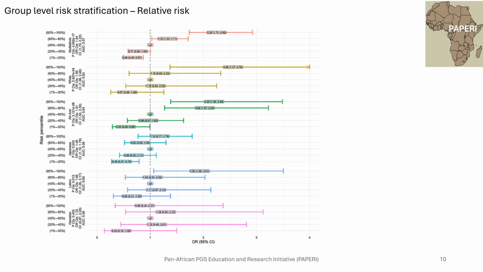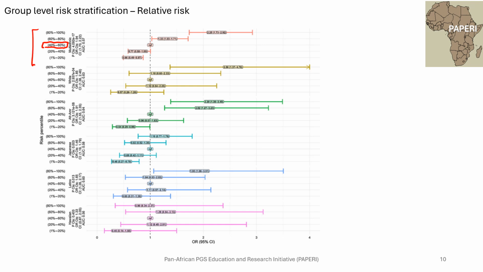How much higher or lower is the disease risk of these individuals relative to the average? And the average here, remember, is the 40 to 60 group right here.